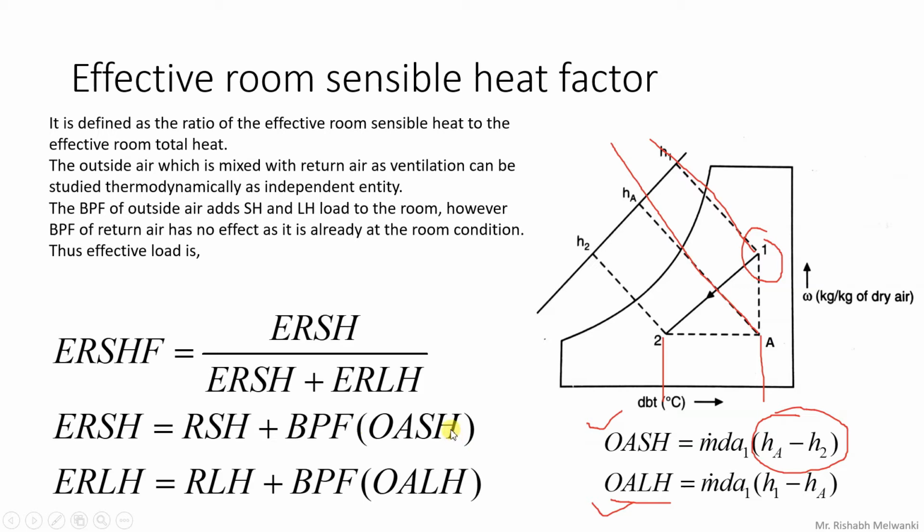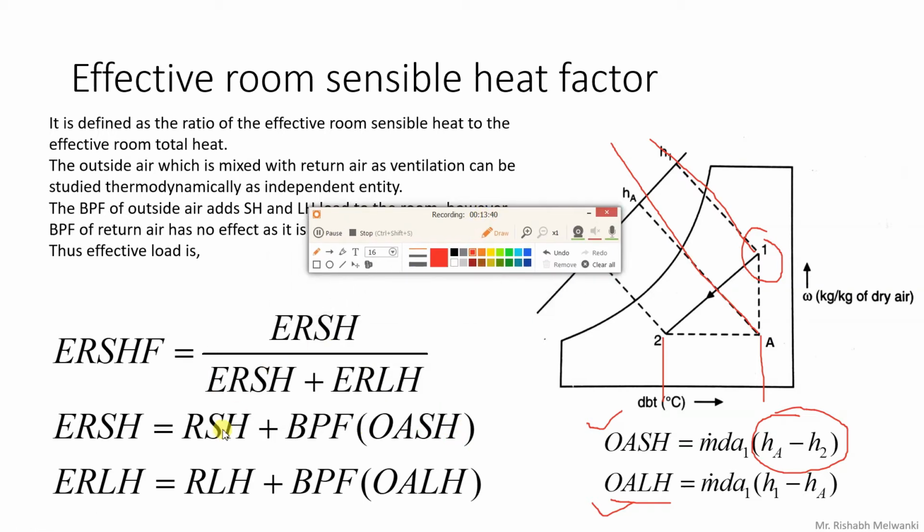So this is the total effective load which is there in the room. Room sensible heat is there, plus whatever bypass air is there at the cooling coil, that is also forming sensible heat. So, bypass factor into outside air sensible heat.